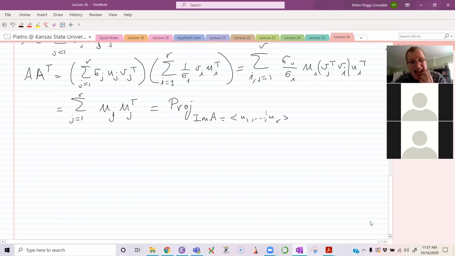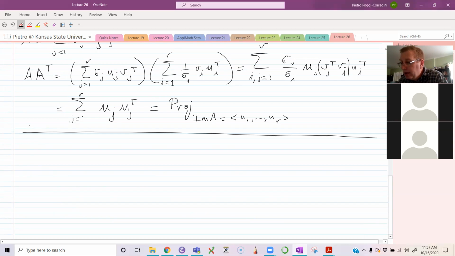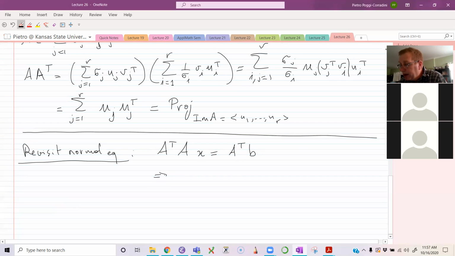So for instance, let's re-examine the normal equation. We revisit the normal equation, A transpose A X equals A transpose B. And then because we are in the full column rank case, we can just invert this.